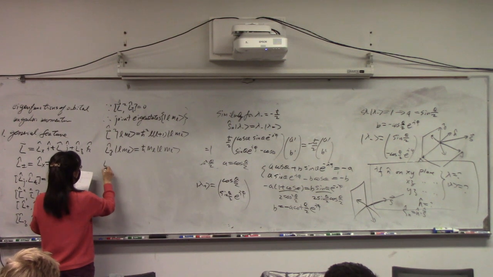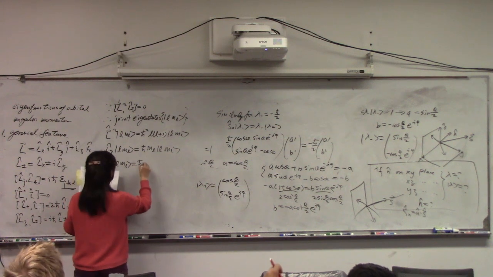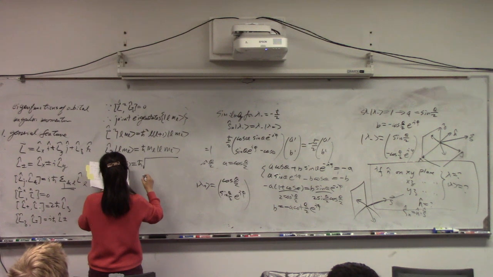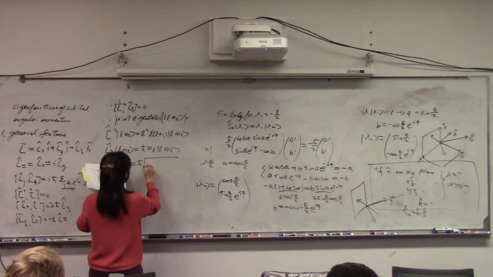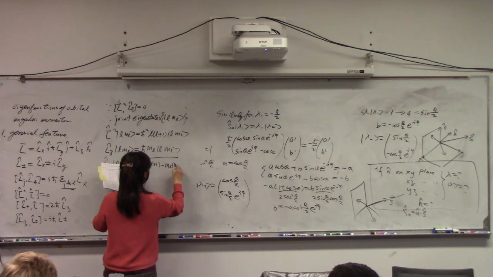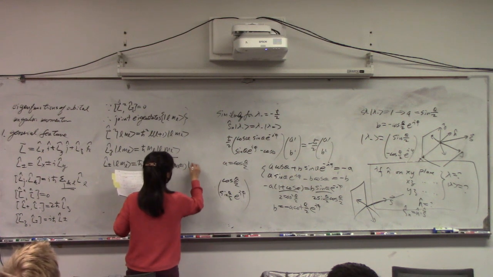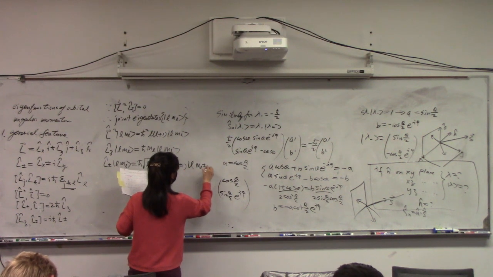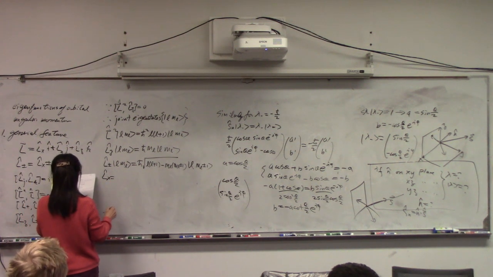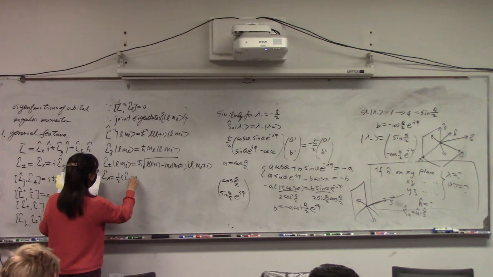Then this L plus minus, similar result, we have h bar square root of l plus 1 minus ml times l plus minus ml... l, ml plus minus 1, right? So with this, we have Lx. Lx is half of L plus plus L minus.